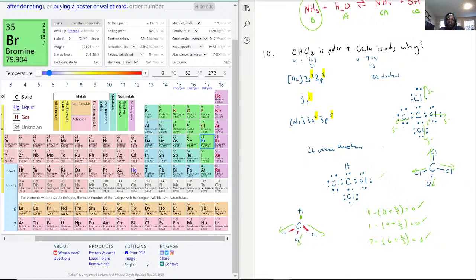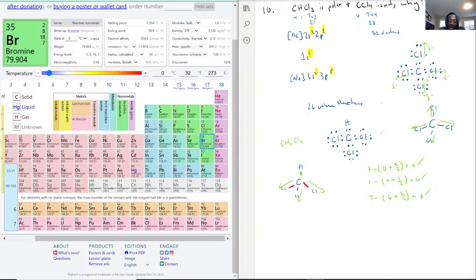Even if it was CH2Cl2 like this, it would still be the same issue, because remember it's a tetrahedral, right? So you'd have a hydrogen here, a hydrogen here, a chlorine here, and a chlorine there. If we're looking at a 3D structure, you would still have an uneven pull on this side, so the hydrogen's not pulling any work in. So even this would still be polar. As soon as you have different elements involved in your surrounding atoms, you can assume most likely it's going to be polar.